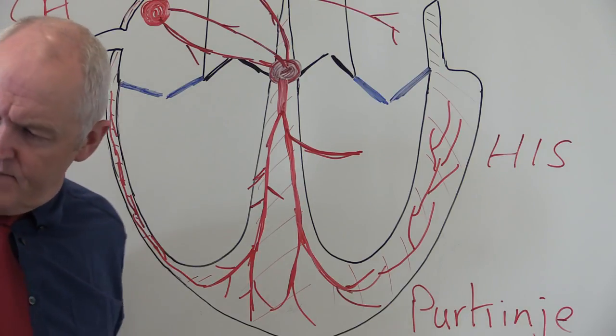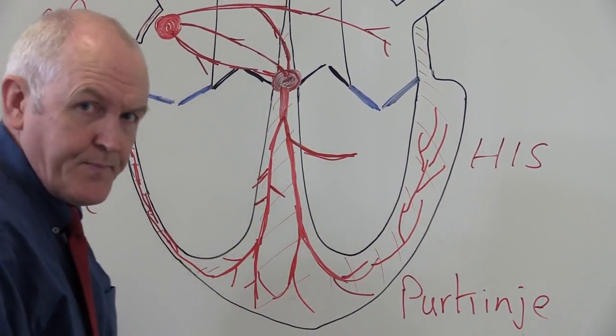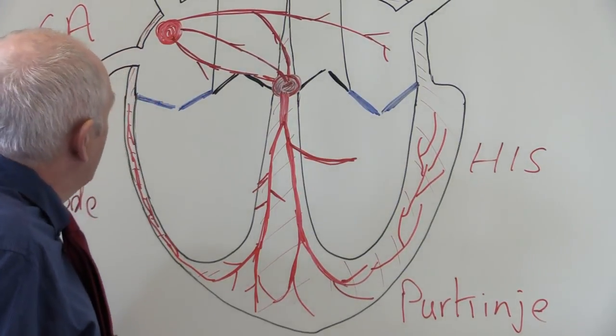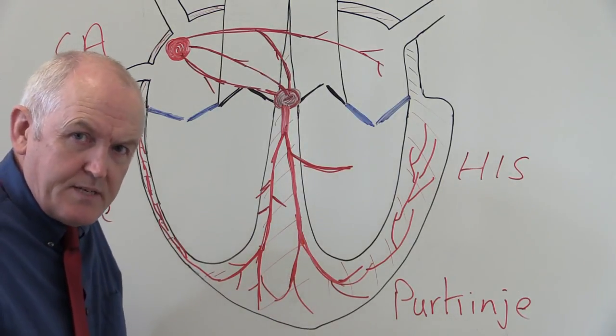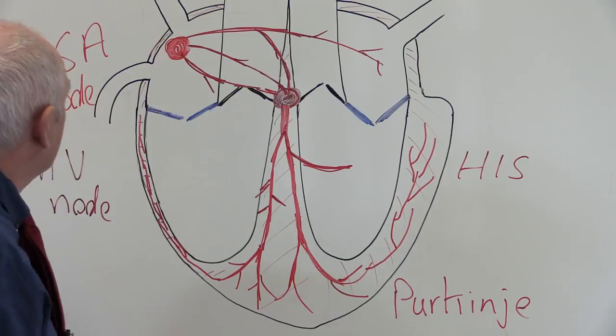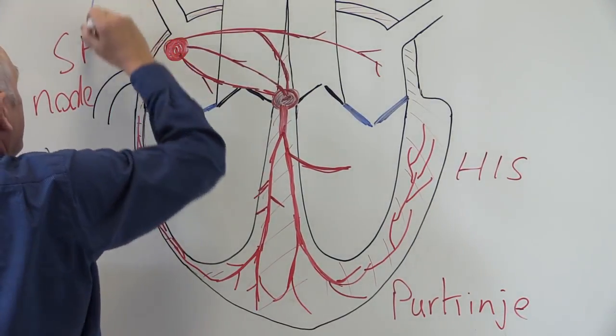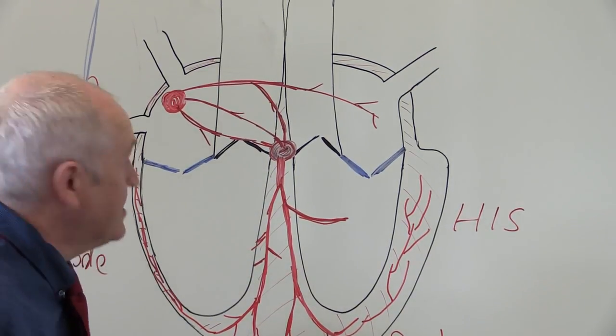Now, it's fairly obvious that the heart rate can vary. So the heart will keep going at 90 to 100 beats per minute. But if you look at your heart rate, it's probably less than that. And what we have coming down here is one of the large nerves in the body, the vagus nerve.